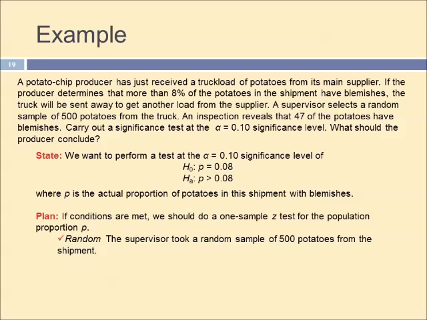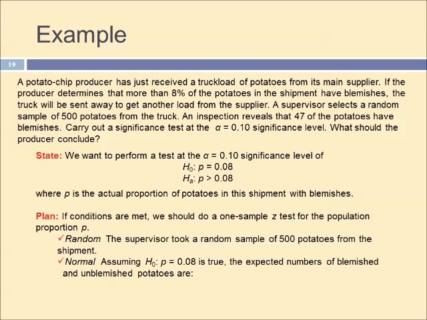Is it random? Well, we're told that it is. Normal? Assuming that the null hypothesis p equals 0.08 is true, the expected numbers of blemished and unblemished potatoes are 500 times 0.08, or 40, and 500 times 0.92, or 460, respectively.